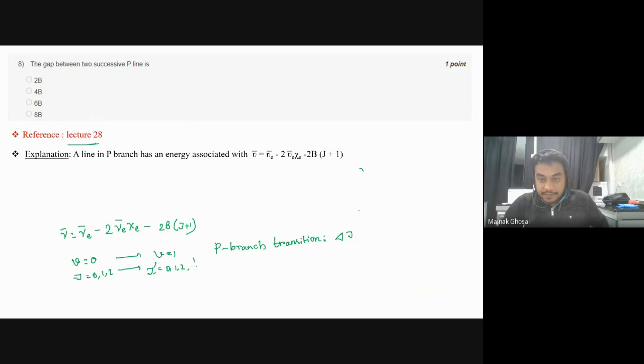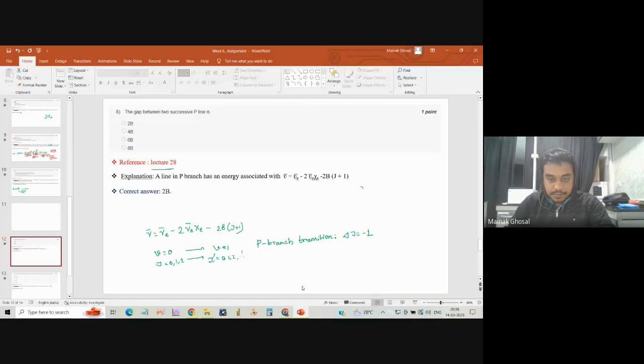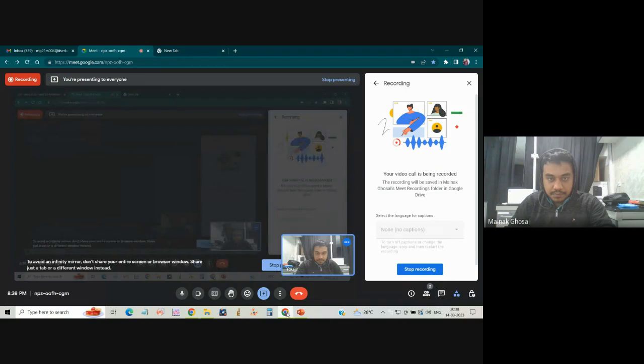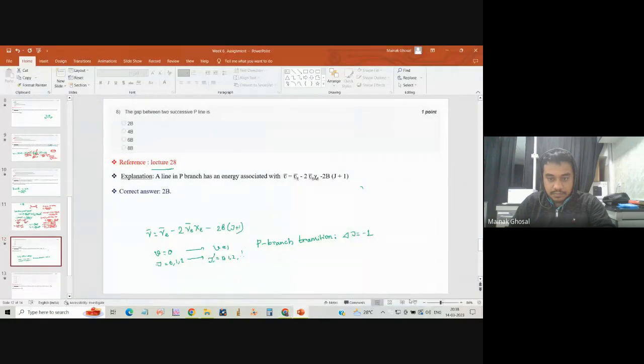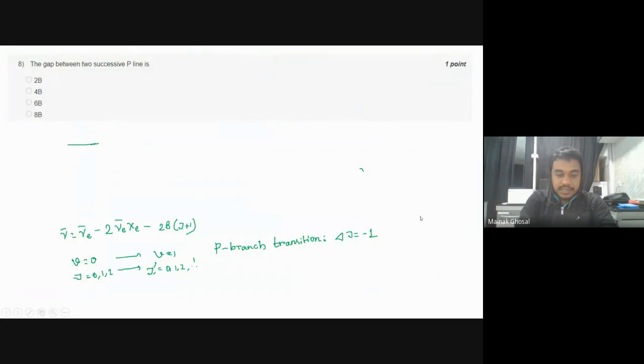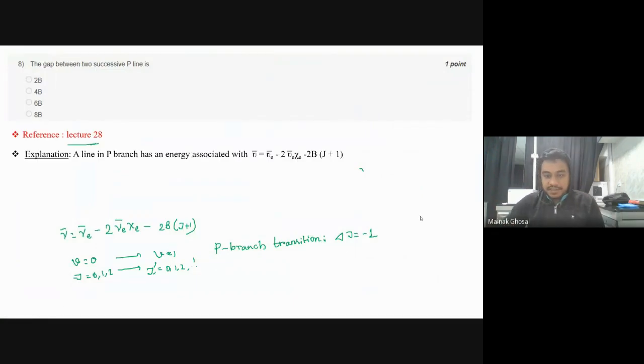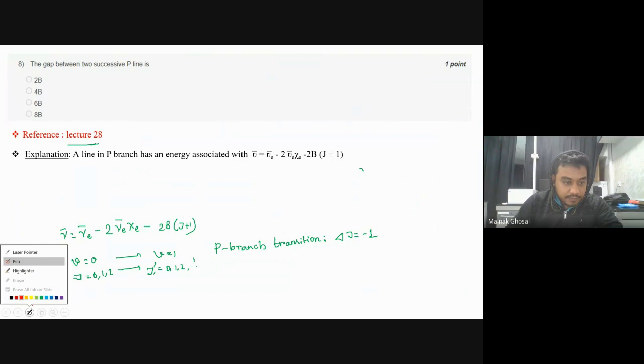Delta J will be equal to minus 1. Okay. So P branch transition is happening with delta J equal to minus 1.